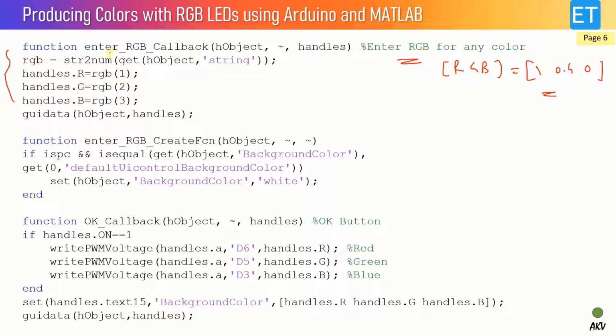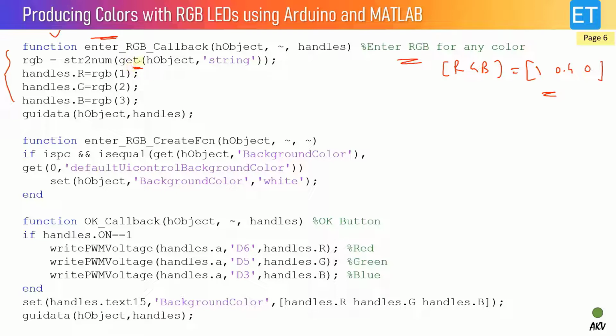So we are accessing here that editable text field. Since I have changed the name of that text field to enter RGB, when you enter anything in that editable text, this function is executed. Once we enter anything, we get that value by the get function.